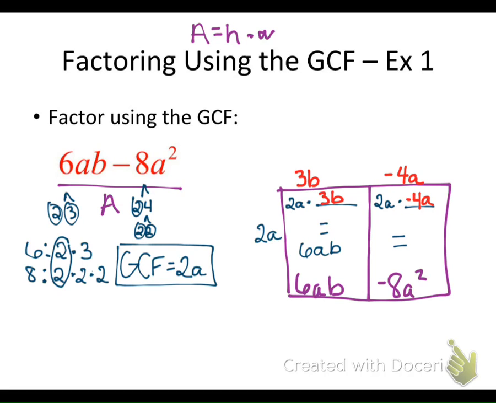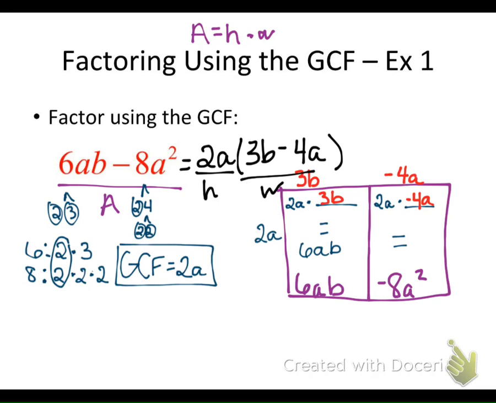And then up here, I need to make sure that I write my entire problem out. So I'm going to write 6AB minus 8A squared equals, my height is going to go first, remember, because it's height times width. I have a height and a width, so I'm going to put them in parentheses. I have a height of 2A, and 3B minus 4A for my width.